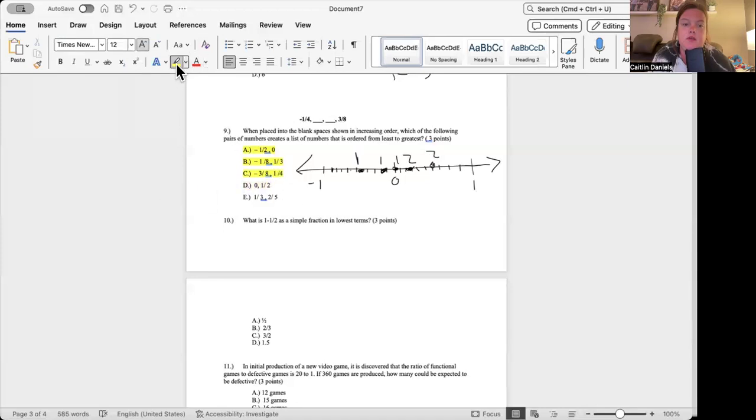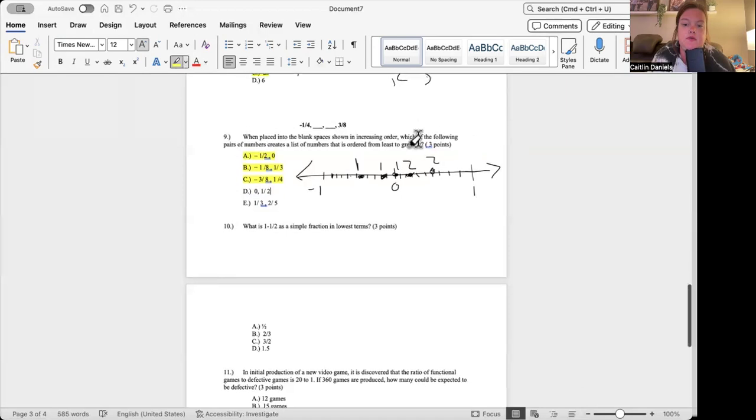And then we got a 1/3 and 2/5. So 1/3 would be like right in here, and then 2/5. That's a tough one. So okay, let's do 1/3 right in here.